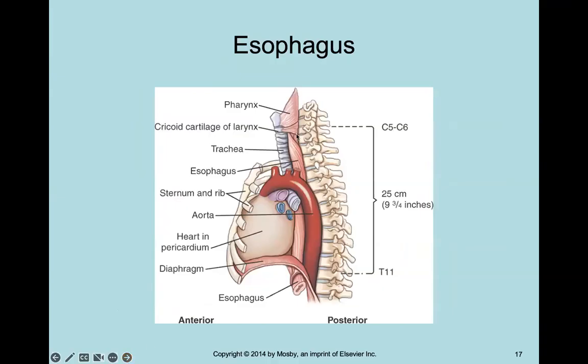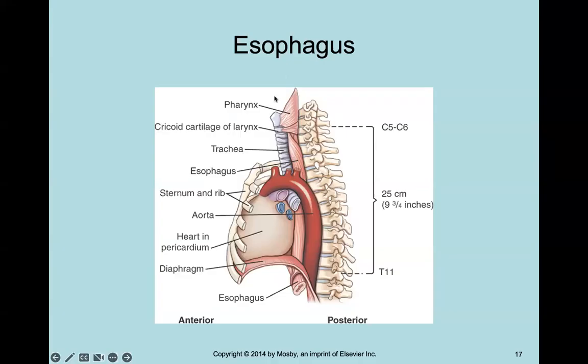So the esophagus, this is a side view. Okay, so it's important that you know the relationship of the esophagus to other structures. And this is something that is very commonly confused. The esophagus, you guys, is posterior to the trachea. Trachea is in the front, esophagus is in the back.